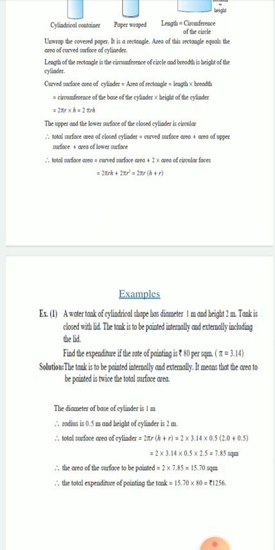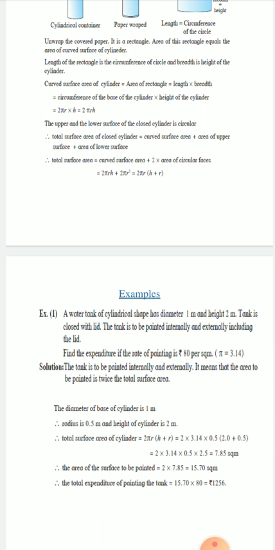The diameter of the base is given as 1 meter, so the radius is half of that diameter, that is 0.5 meter, and the height of the cylinder is given as 2 meter. With the help of these two dimensions we can easily calculate the total surface area. The total surface area of a cylinder equals 2 pi r into h plus r.